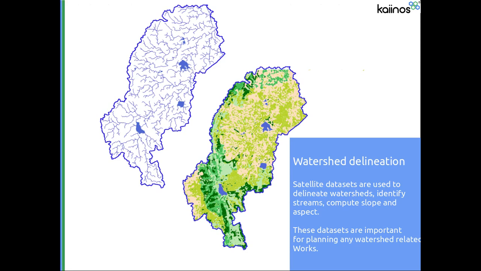Once we have this kind of watershed delineation done, the land use can be overlaid on these things, and then different planning like afforestation or crop planning can be done based on the water availability. So we have been using these strategies in Madhya Pradesh, Telangana, and Andhra Pradesh till now.